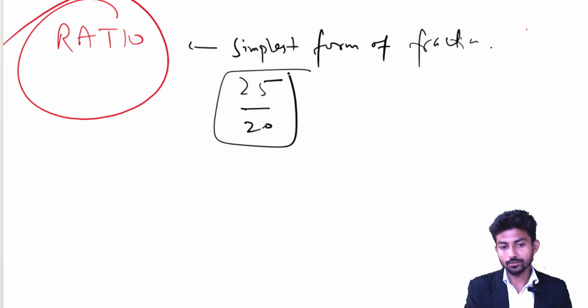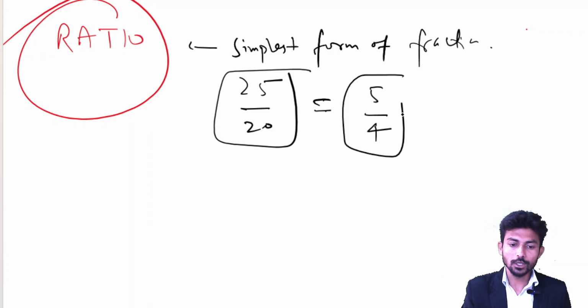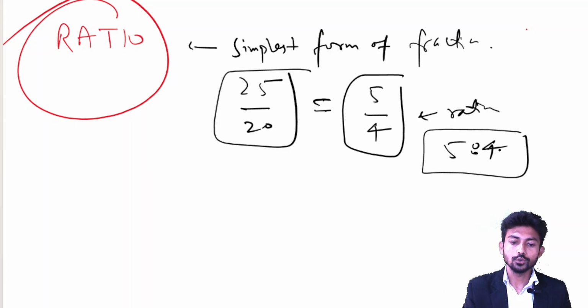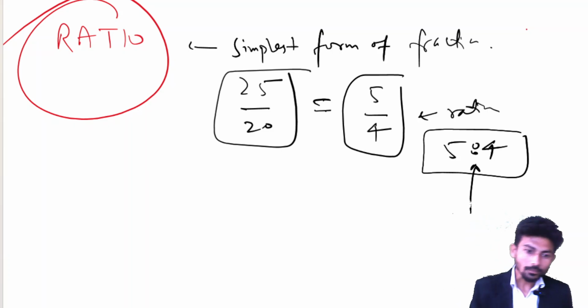This can be further written as 5 by 4, by cancelling both the numerator and denominator by 5. This particular form is called the ratio, which is 5 by 4, and this can also be written as 5 ratio 4. So this is the symbol of the ratios.